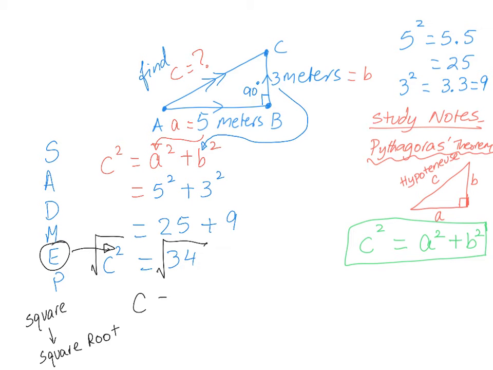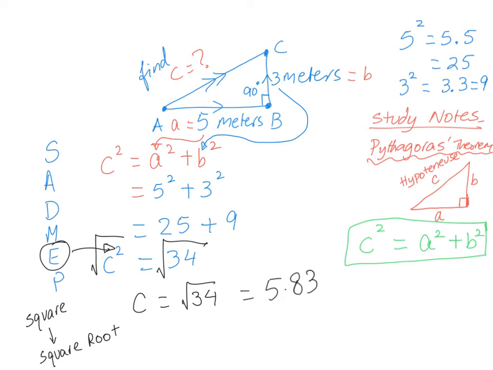So this becomes C, and this becomes the square root of 34, which, when we solve it on a calculator, we will get 5.83.